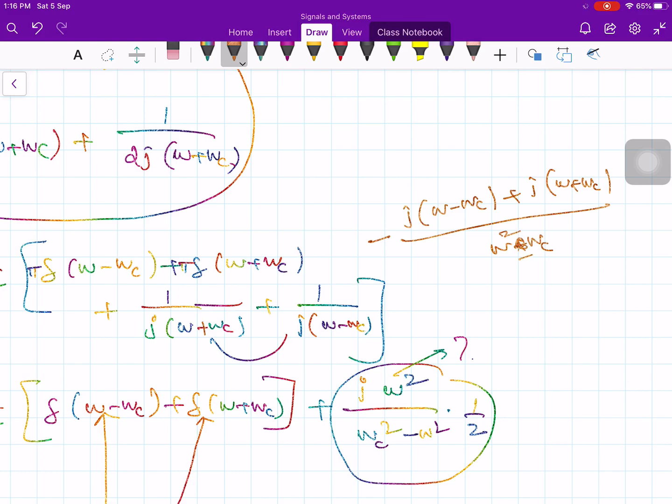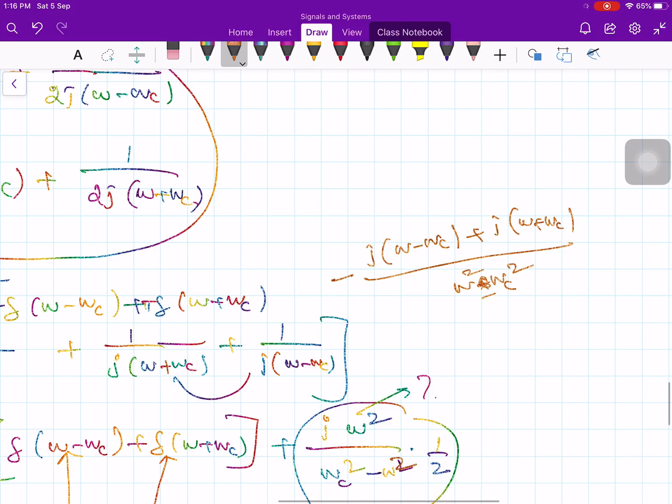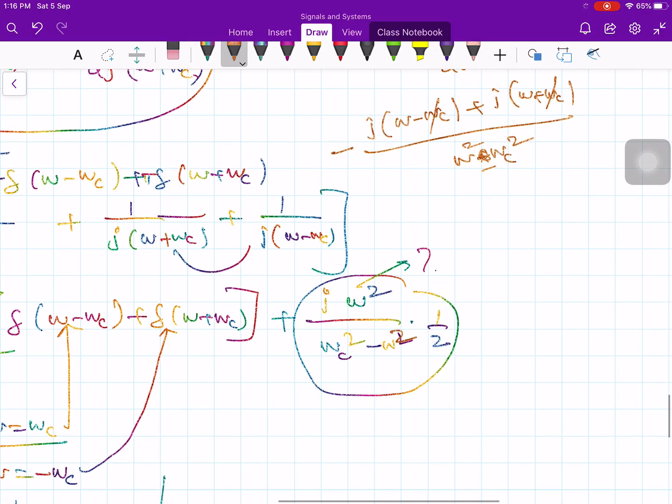That is correct. In the numerator, j omega plus j omega, 2 times j omega, and minus omega c plus omega c will get cancelled. Therefore this expression is, this is not square, this is as it is, and there is no half, this half and that half will get cancelled.